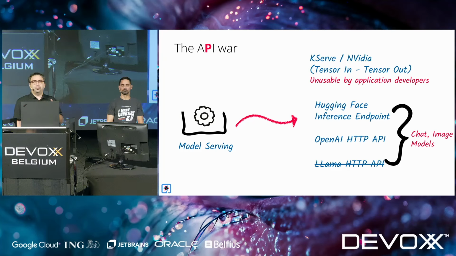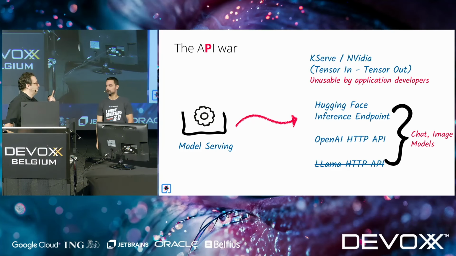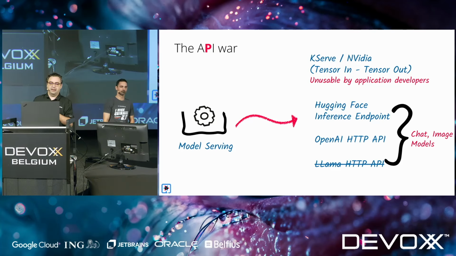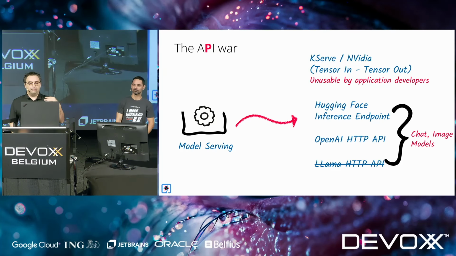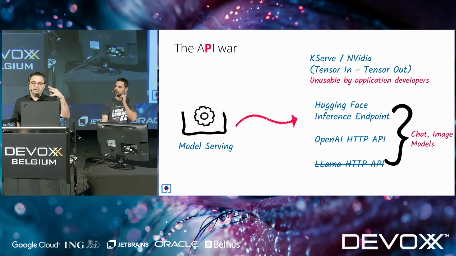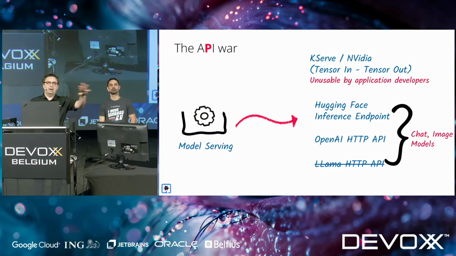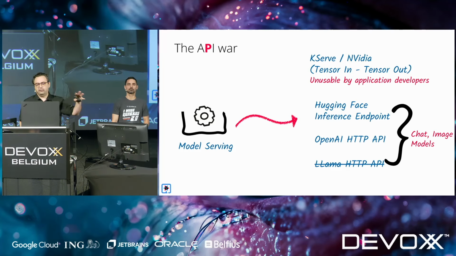So the first problem is that there is not one API. Well, actually, there is a consolidation, so soon there will be one API. If you look at the predictive AI world, it's all about KServe, NVIDIA, and so on, and basically all the APIs are tensor in, tensor out. Tensors are large matrices with many dimensions, very unusable by a regular Java developer. It's going to change because that's not really useful.